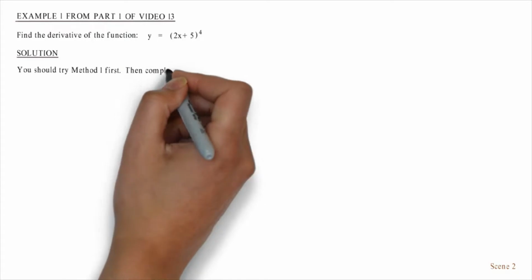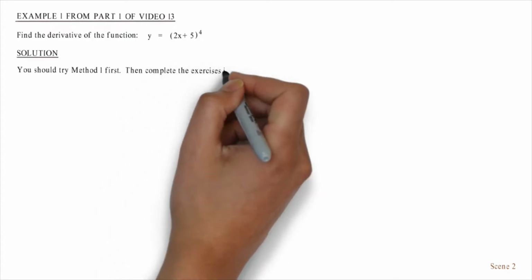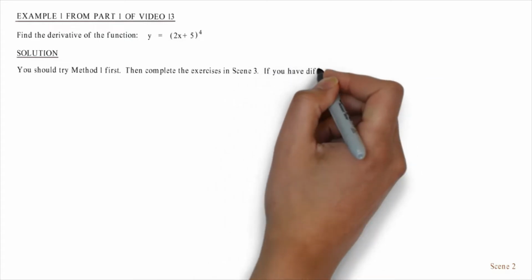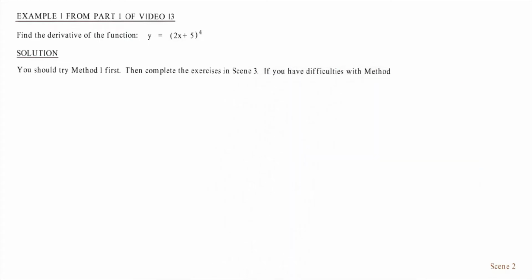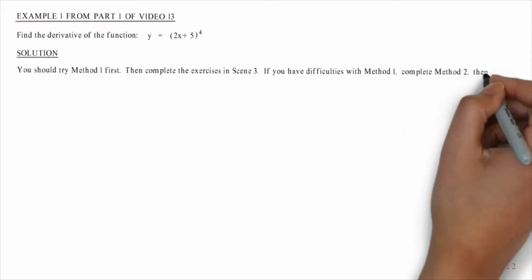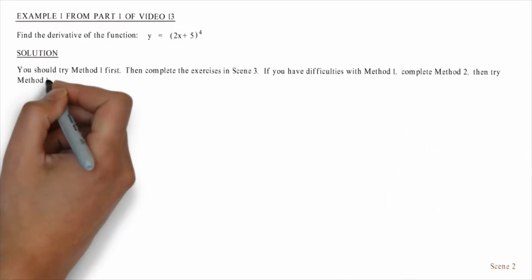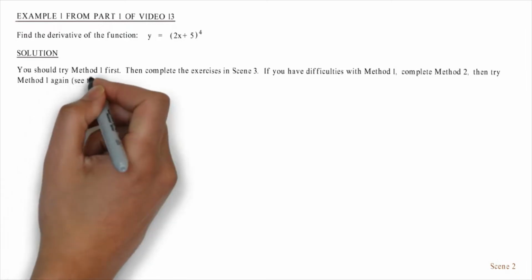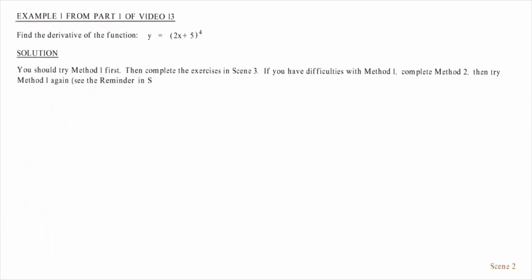Then complete the exercises in scene 3. If you have difficulties with method 1, complete method 2. Then try method 1 again. See the reminder in scene 7.